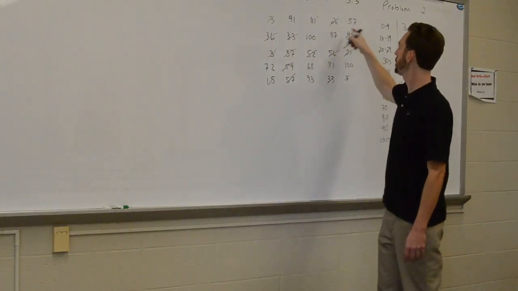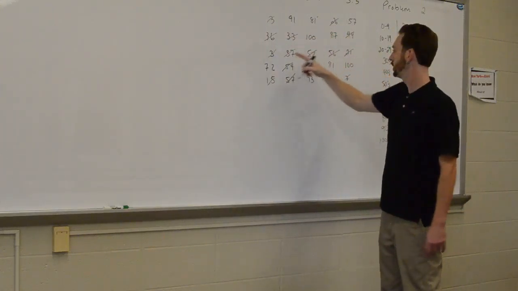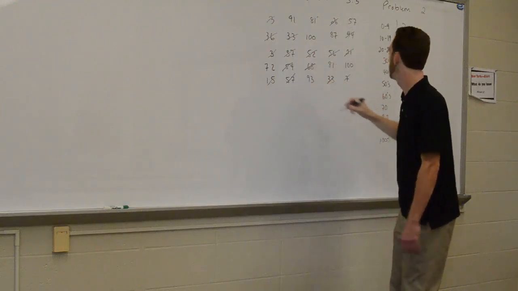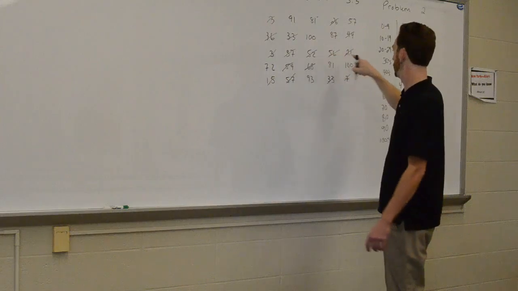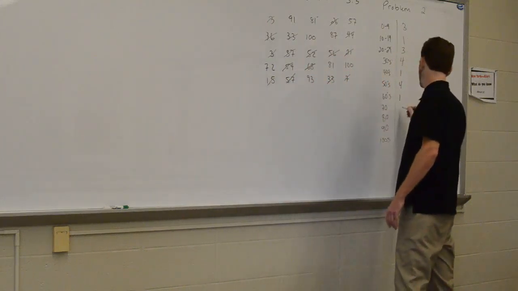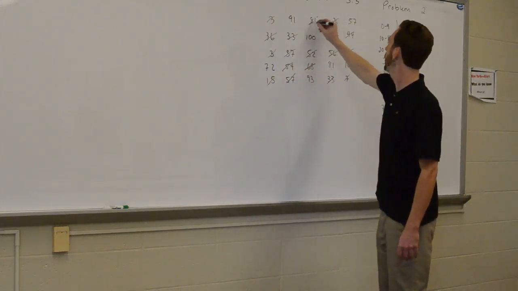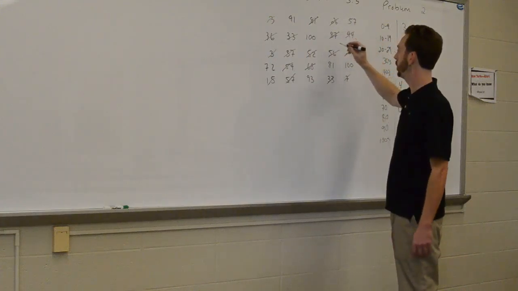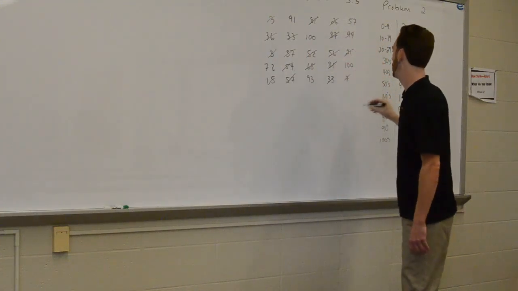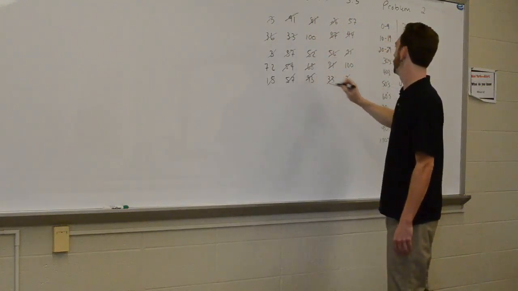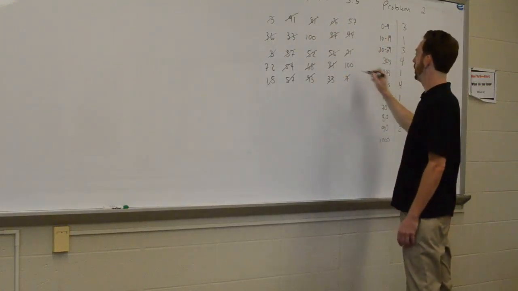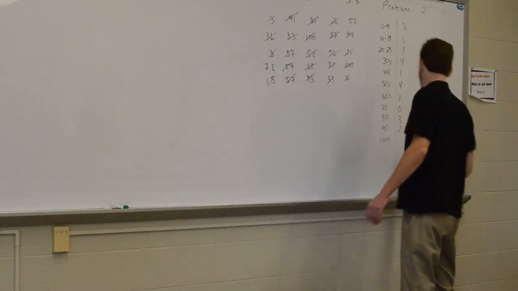In the 60s, we have 1. In the 70s, we have 0. In the 80s, we have 1, 2, 3 numbers. In the 90s, we have 1, 2 numbers. And in the hundreds, we have 2 numbers.